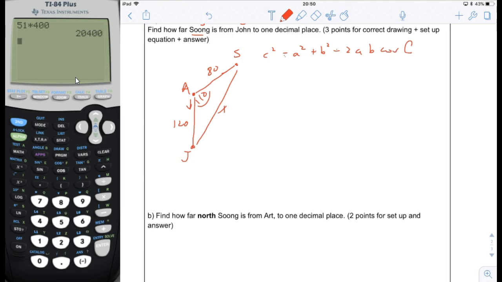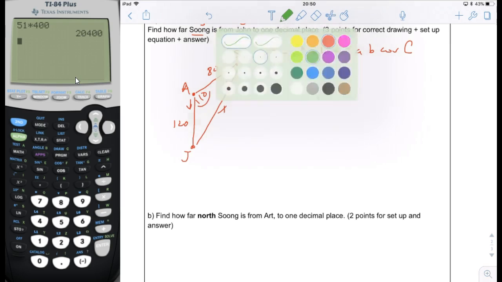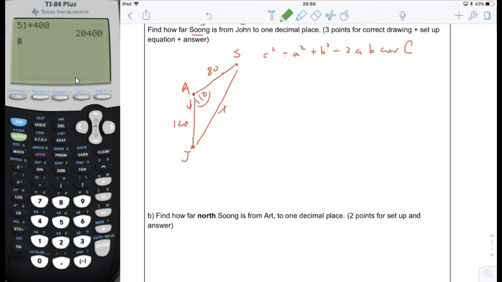It has to be 110 degrees because that's the only angle we know. If this is big C, that means that x is little c. And that means that 120 and 80 have to be little a and little b.